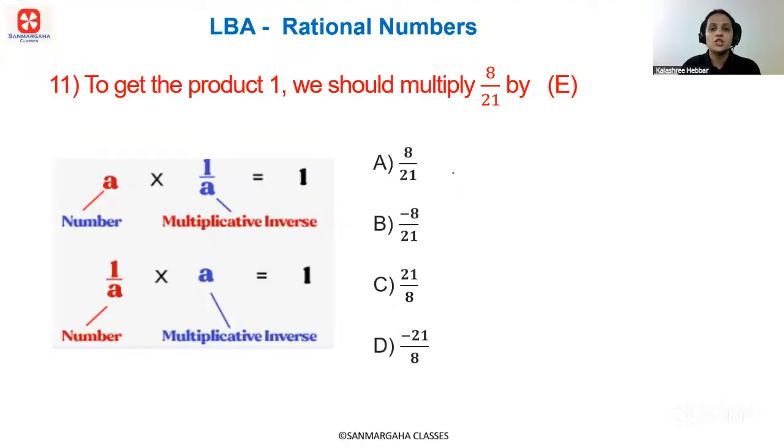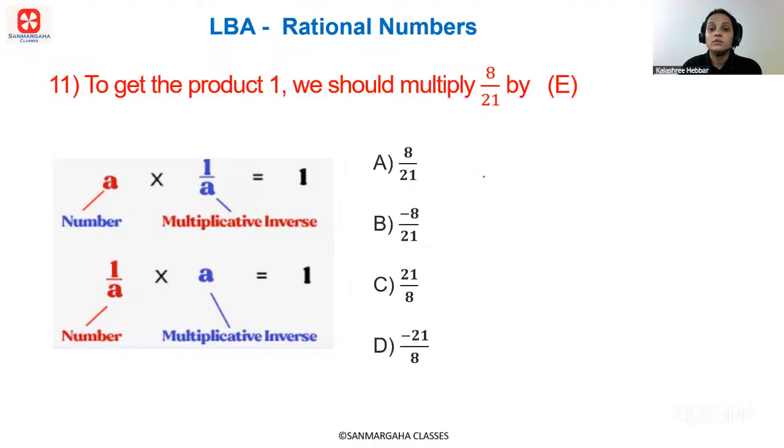LBA Rational Numbers, question number 11. To get the product 1, we should multiply 8 by 21 by: A) 8 by 21, B) minus 8 by 21, C) 21 by 8, D) minus 21 by 8. So it is nothing but the reciprocal concept, right?